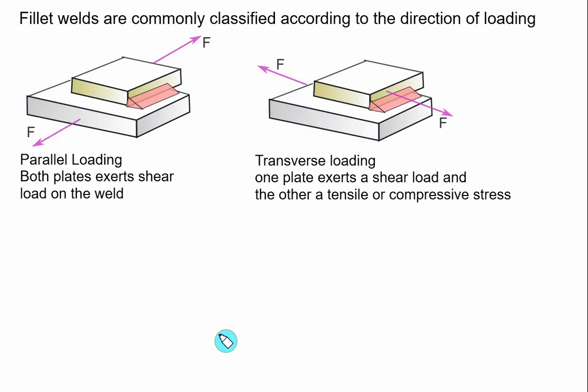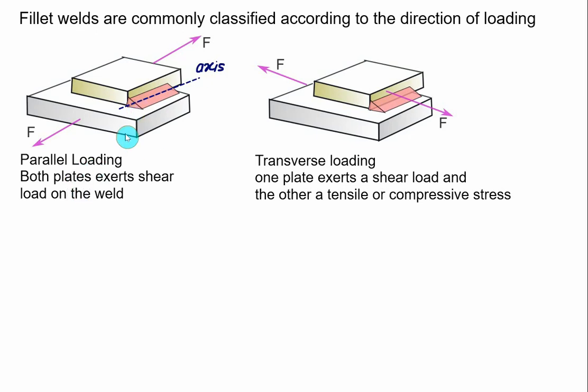In fillet weld we'll consider two cases. In the first case, the direction of force F and the axis of the weld are parallel to each other. When the axis and the applied force are parallel, that is called parallel loading.